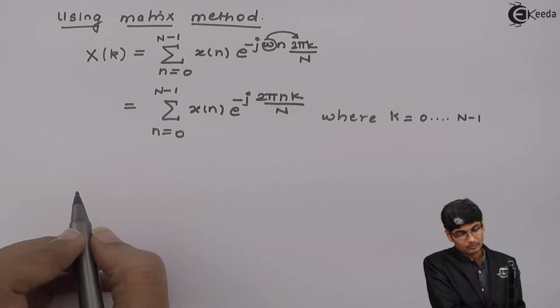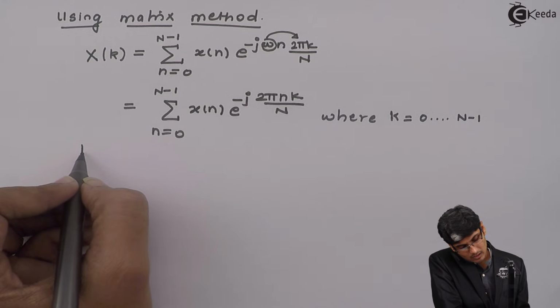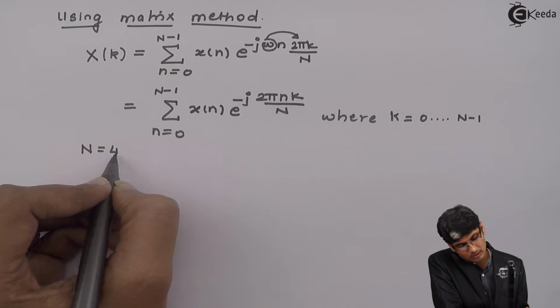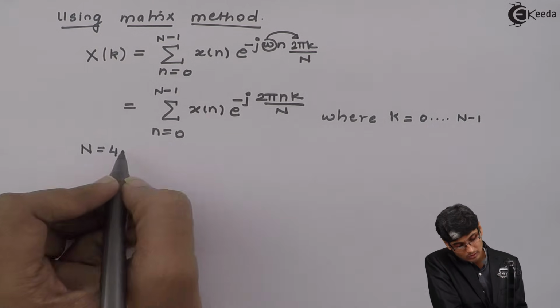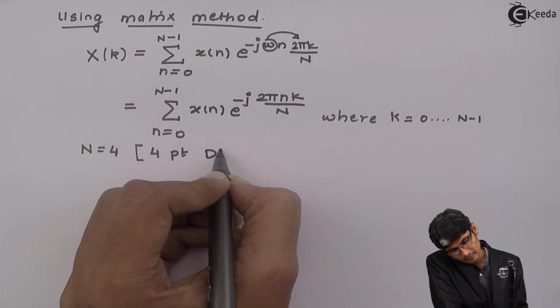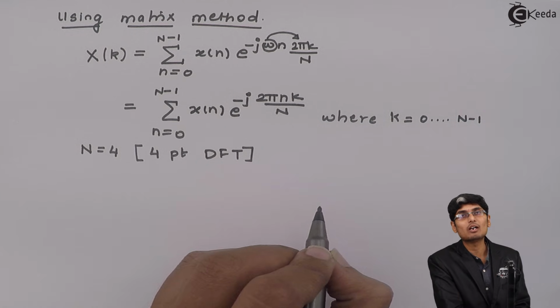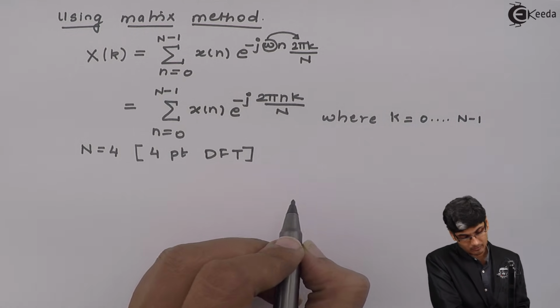Right? Now, suppose let us take for example capital N is equal to 4. So this is also called a 4-point DFT. So in general, any problem in DFT is called an N-point DFT.